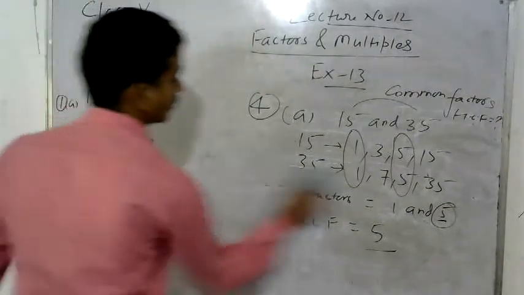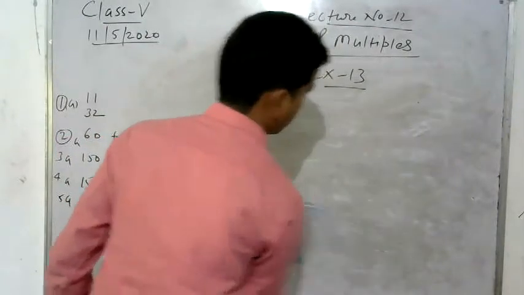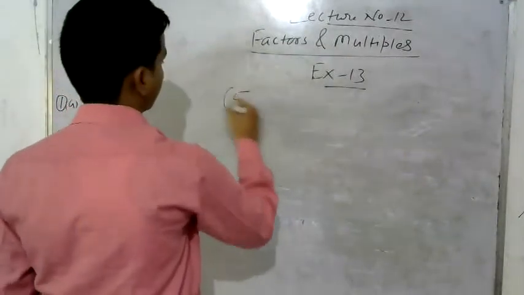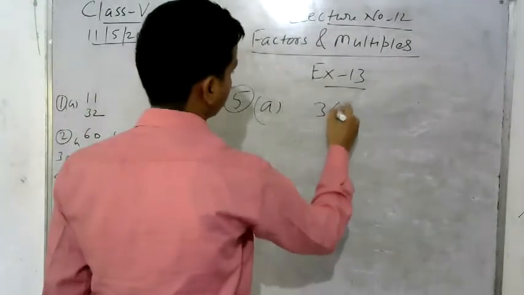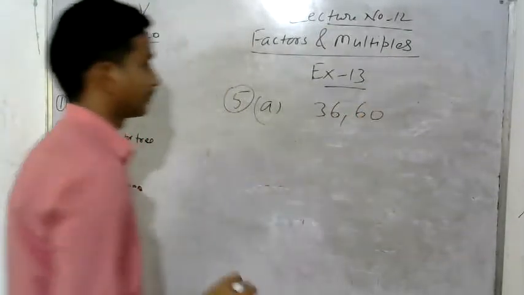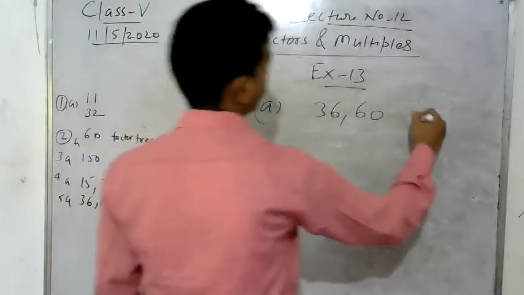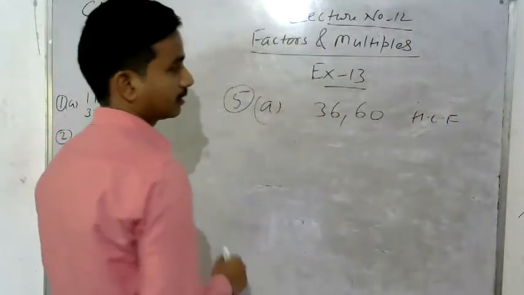Now see question number 5, part A. We have to find the HCF of 36 and 60 by the prime factorization method.